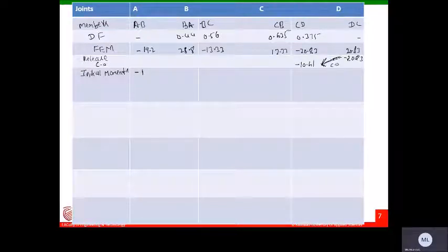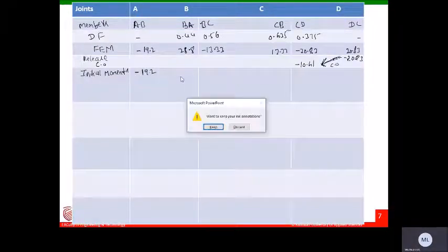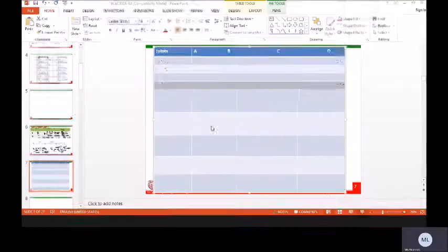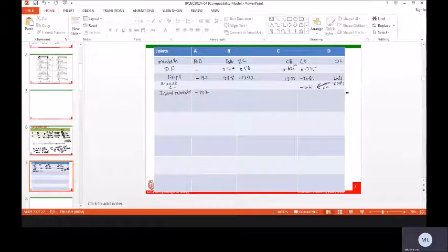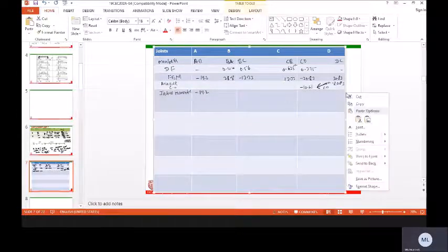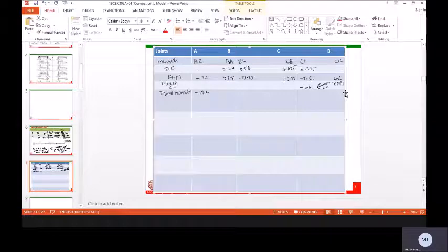Minus 19.2. Once again, better we add another row here, to avoid the confusion.